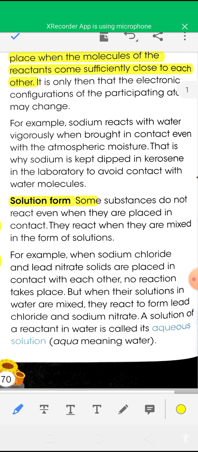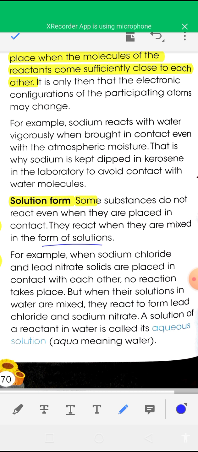Some substances do not react even when they are placed in contact, and they react when they are mixed in the form of solution. For example, when solid sodium chloride and lead nitrate are placed in contact with each other, there will be no chemical reaction.